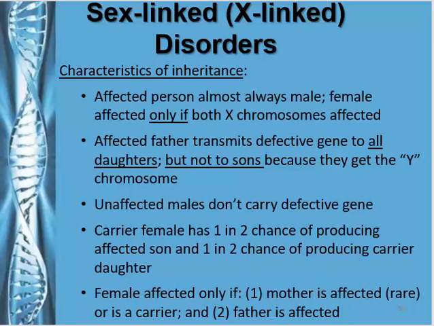So the father transmits, if the father is affected, he will transmit the genes to all the daughters, but not the sons. Unaffected don't have the defective gene, so they don't pass it along at all.